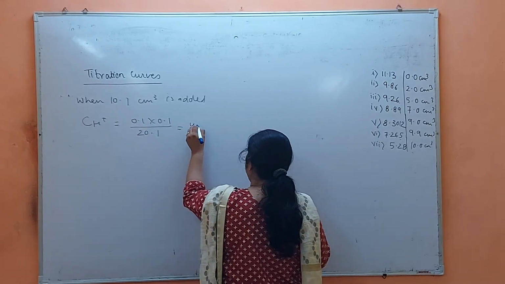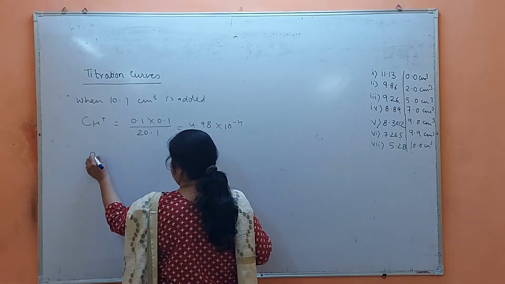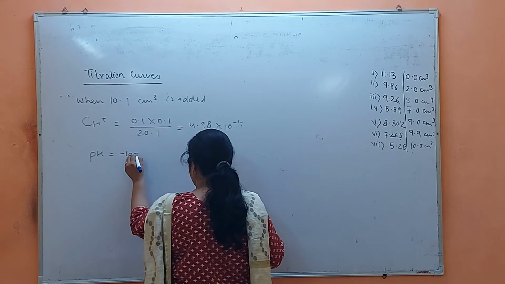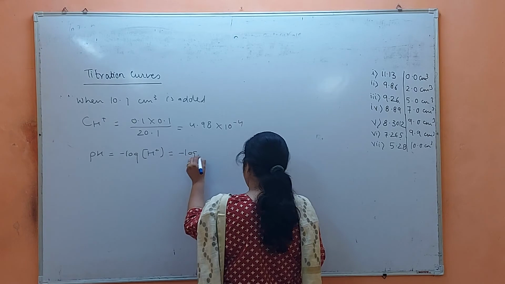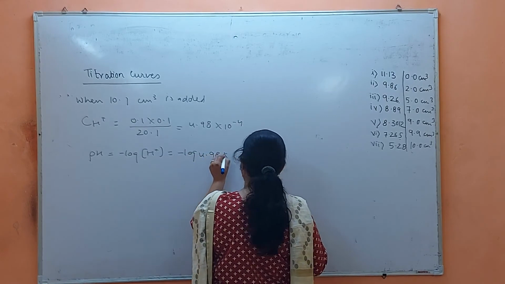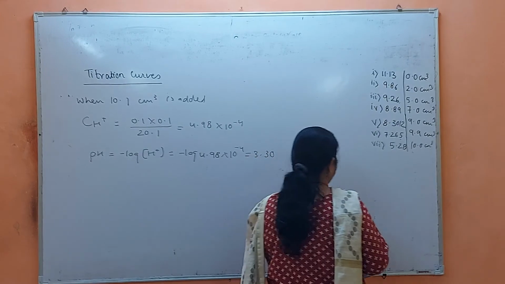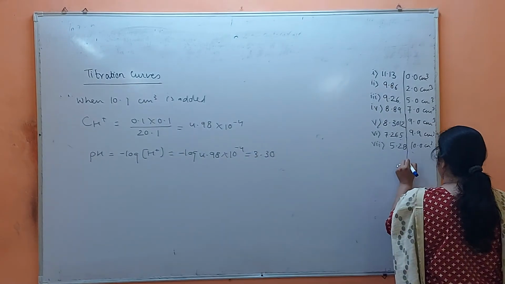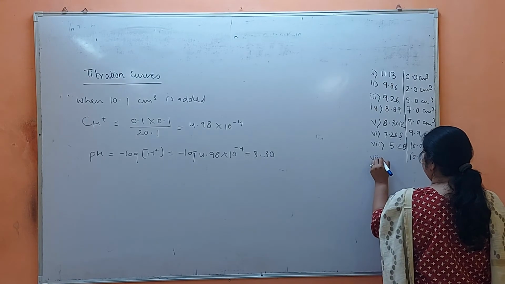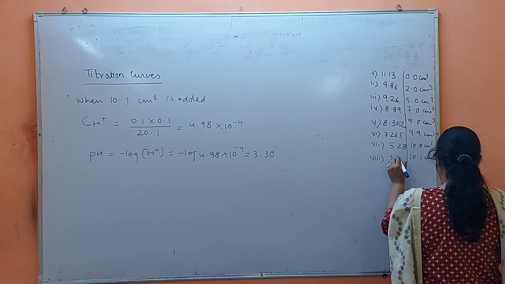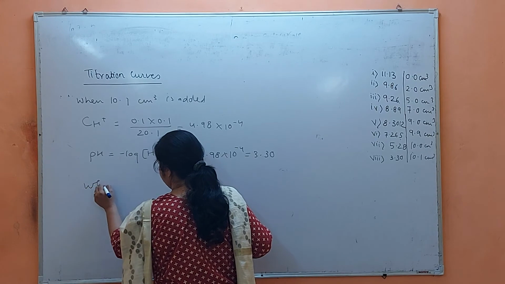So it comes out to be 4.98 into 10 raised to minus 4. Now pH is equal to negative log of H plus ion, negative log of 4.98 into 10 raised to minus 4, which comes out to be 3.30. So when 10.1 cm cube is added, pH becomes 3.30.